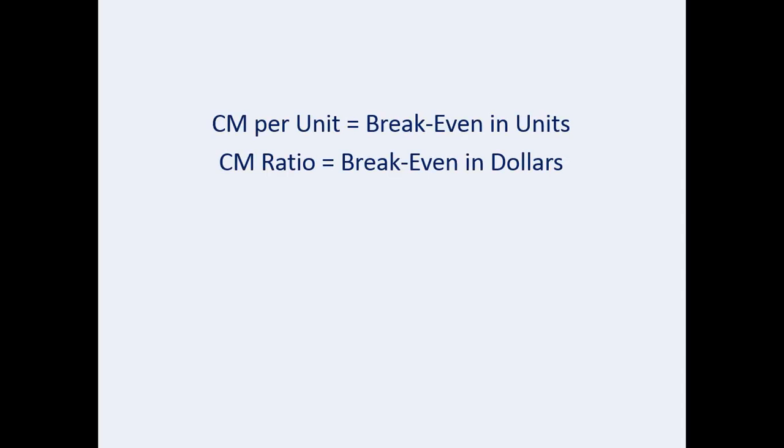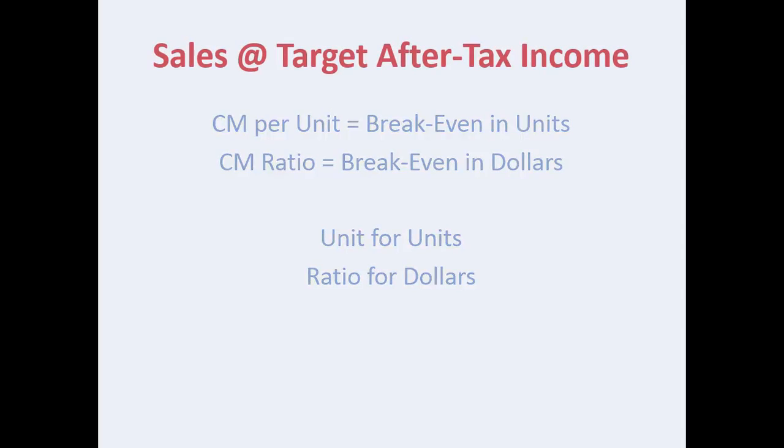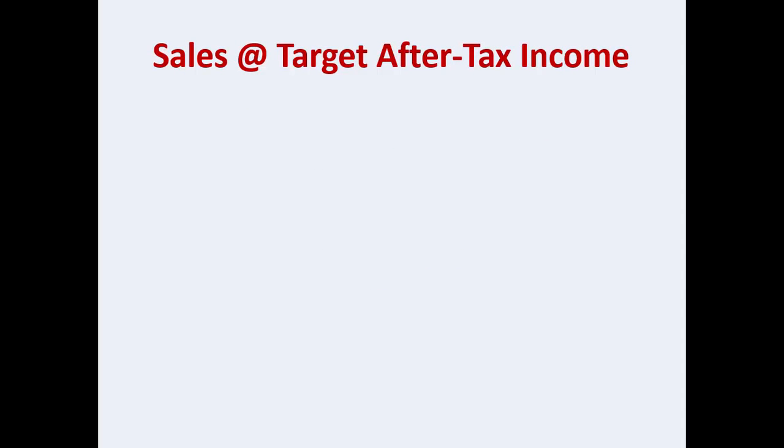So the key to remember, contribution margin per unit gives you the break-even in units, the ratio gives you the break-even in dollars. So think unit for units, ratio for dollars. And the sales at target after-tax income, how do we calculate this? So instead of breaking even, we want to see how many do I need to sell to actually make some money.